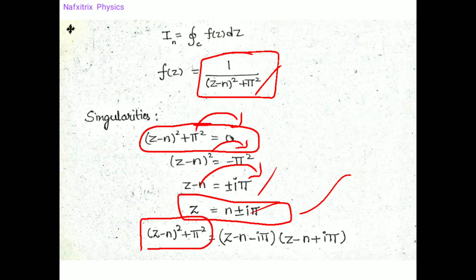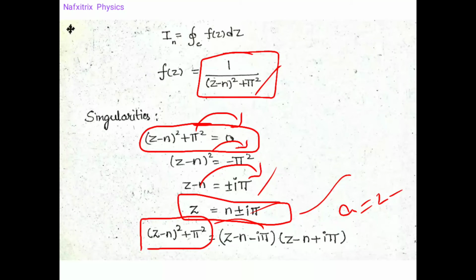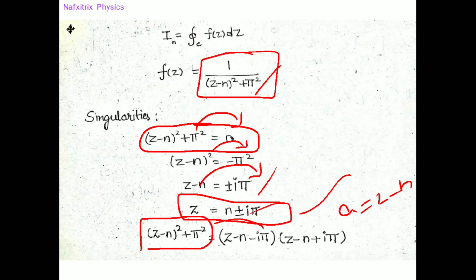This could be written as a minus b into a plus b, where a is z minus n and b is i pi.